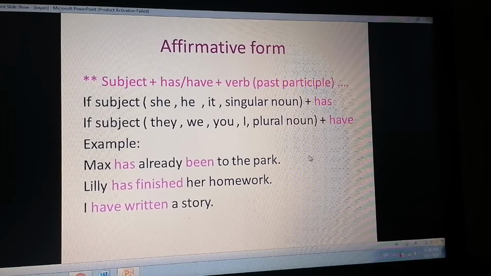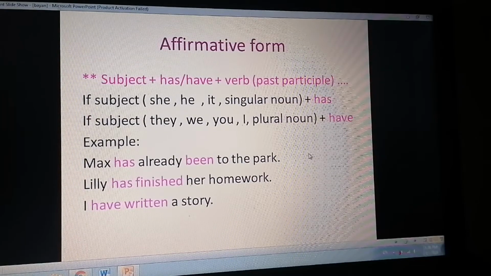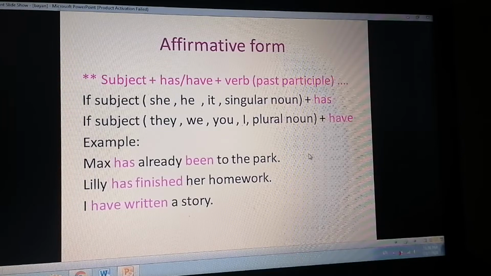Look at the examples. Max has already been to the park. Max is a singular noun. Has been, verb 3 or past participle of be, to the park.